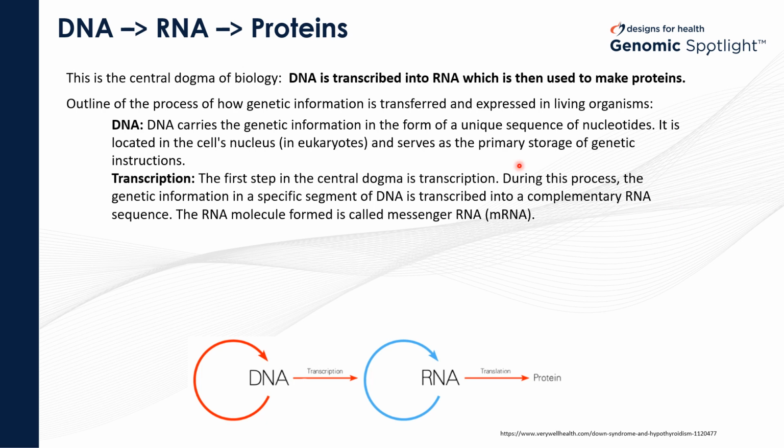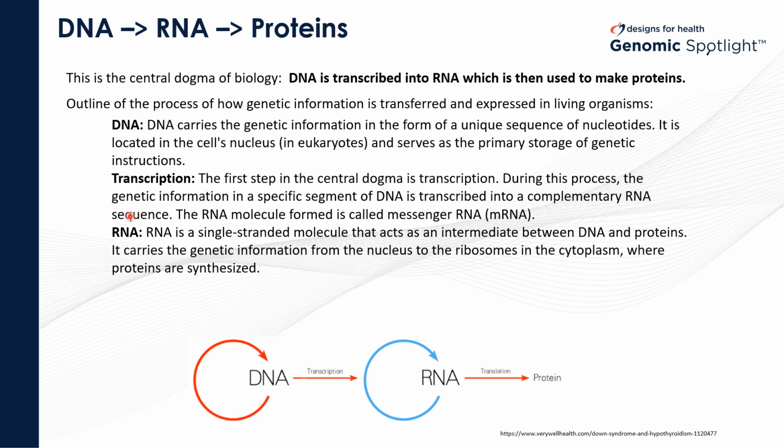The RNA molecule is called mRNA, or messenger RNA. RNA is a single-stranded molecule and acts as an intermediate between DNA and proteins, and it takes the information from the nucleus to outside the nucleus to the ribosomes, which are found in the cytoplasm, and the ribosomes make proteins.